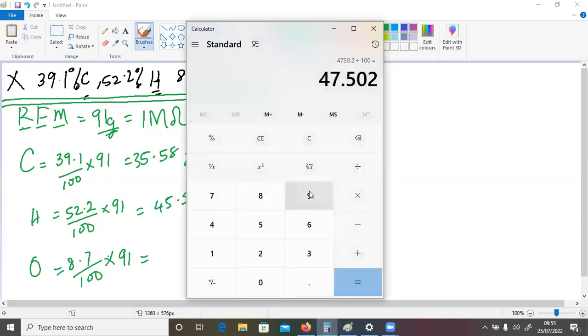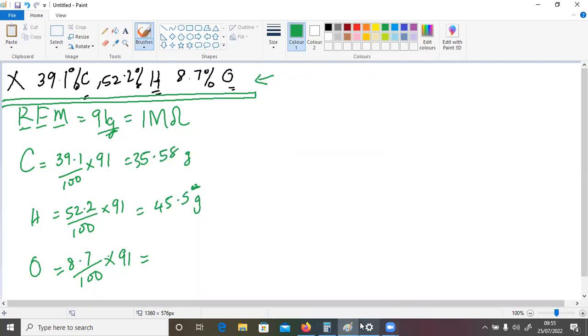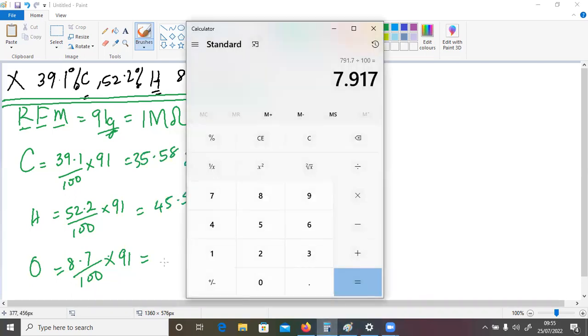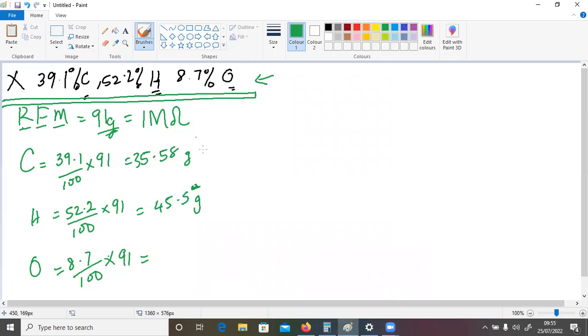What about oxygen? Oxygen is 8.7, which gives something like 7.9 grams. Okay, so these are the masses from the percentage compositions of these elements.